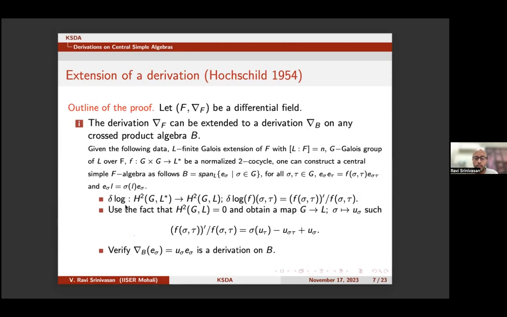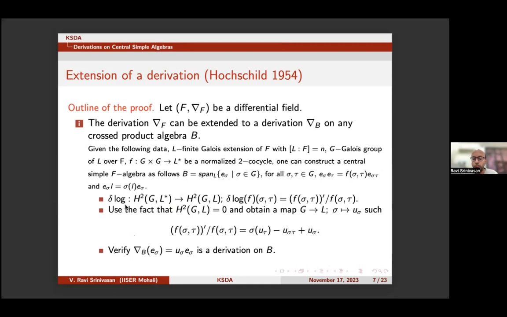Now the point is that the logarithmic derivative map from L star to L is going to induce a map at the level of the second cohomology, from the multiplicative one to the additive one. And the additive one is actually 0. In fact, any nth cohomology from the Galois group to the additive group of the base field is going to be 0. Therefore, this logarithmic derivative is in fact a coboundary, so you can write it like this.